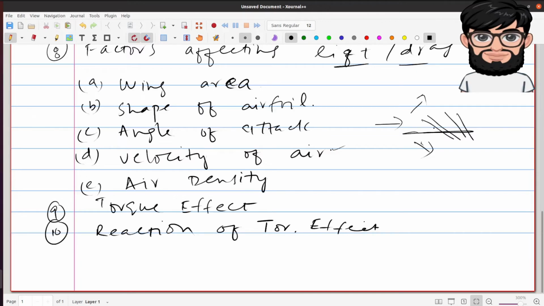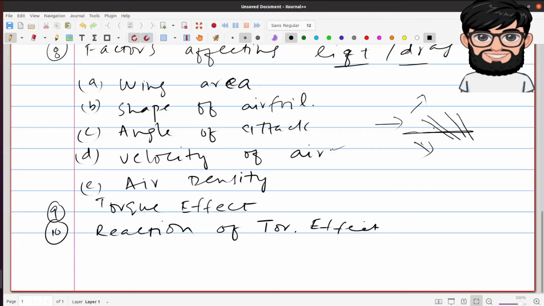So they actually used to have a hard coded way of resolving this issue. In the modern airplanes, there's an engine offset to counteract this effect of torque, right?